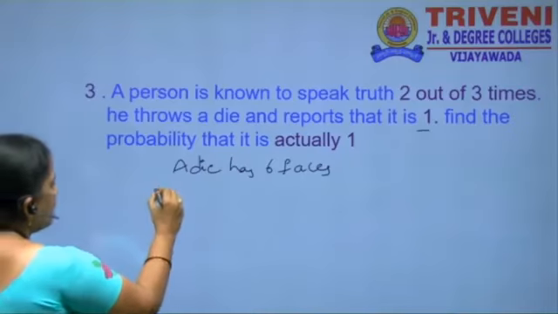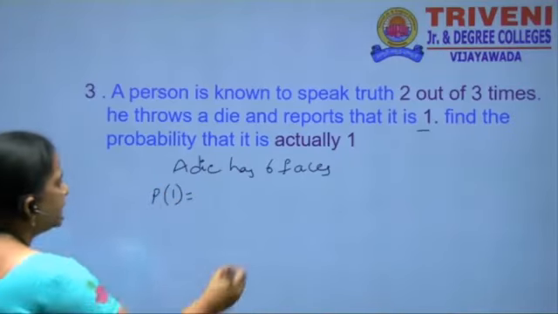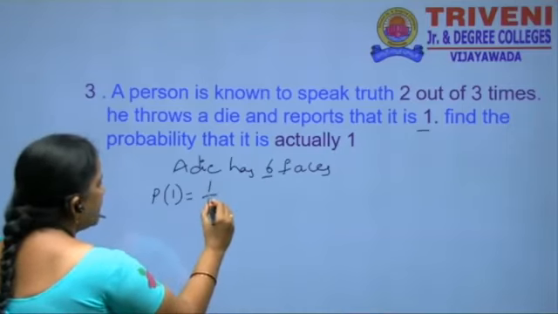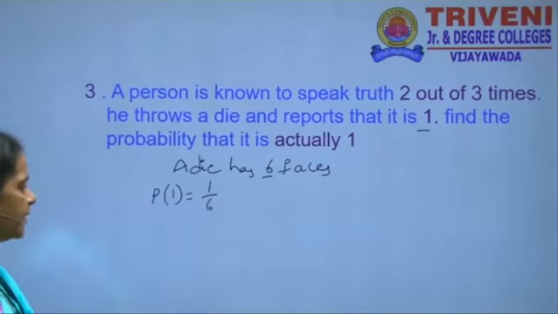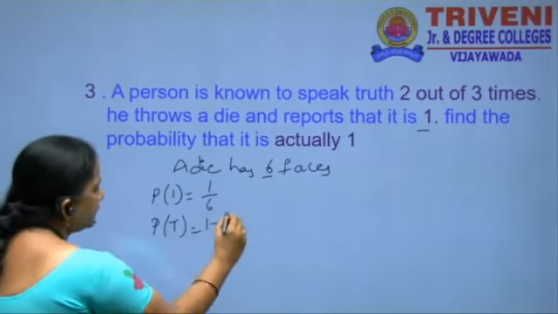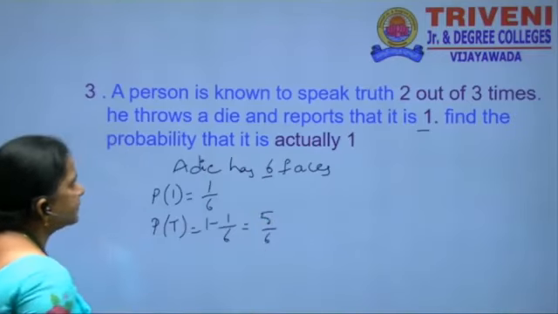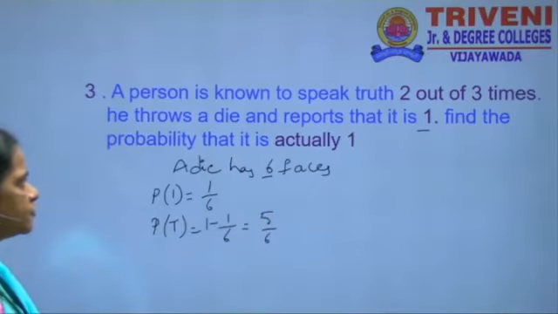That is P of 1 is equal to only one chance out of total 6 faces, that is 1 by 6, and the remaining is not 1. We take it as 1 minus 1 by 6, that is equal to 5 by 6. And then a person speaks truth 2 out of 3 times.